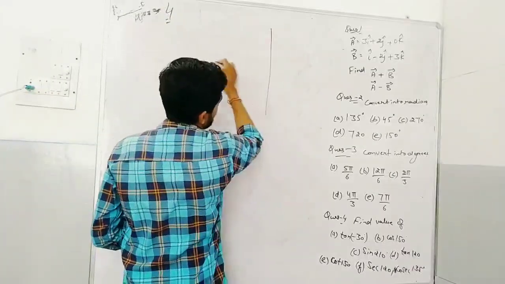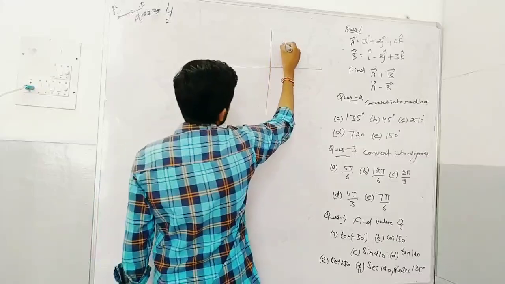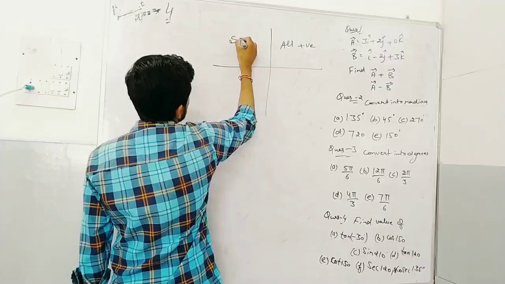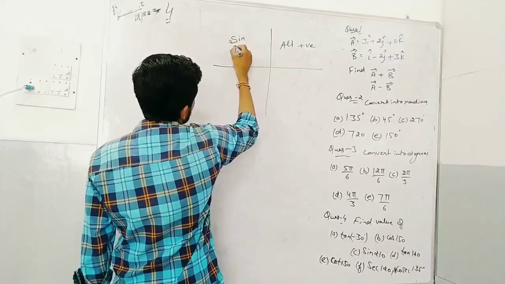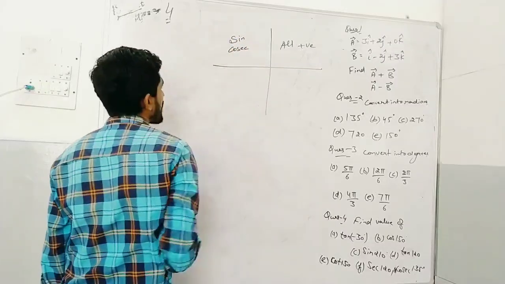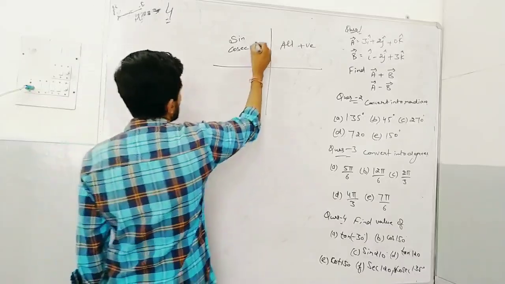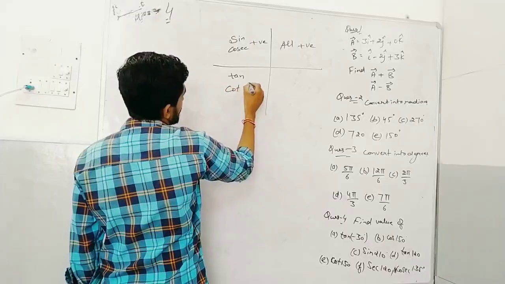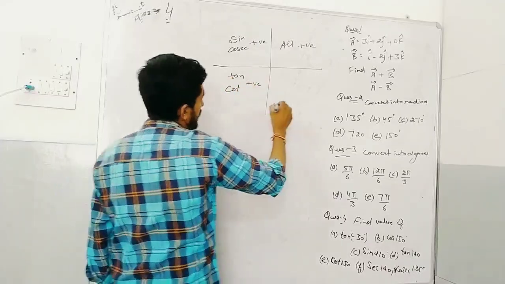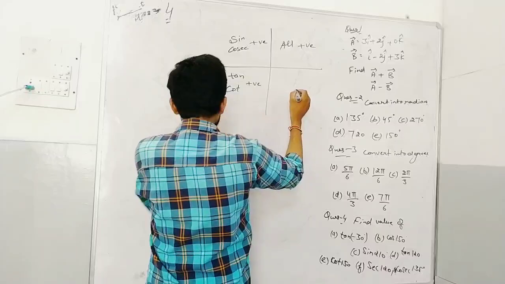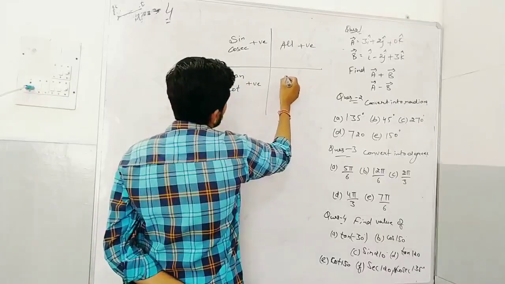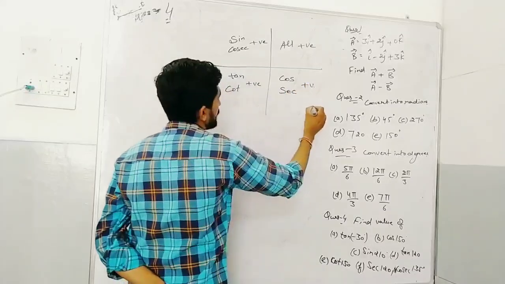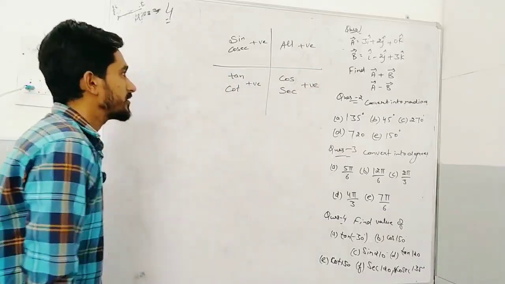Remember this: all positive, sine and its reciprocal cosecant positive, tan and its reciprocal cotangent positive, all others are negative, and then cos and secant positive, all others are negative.